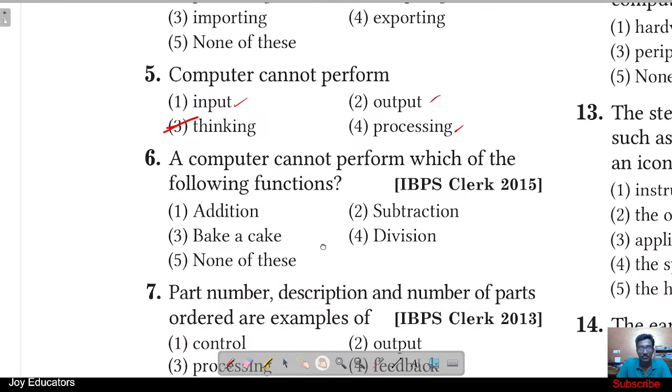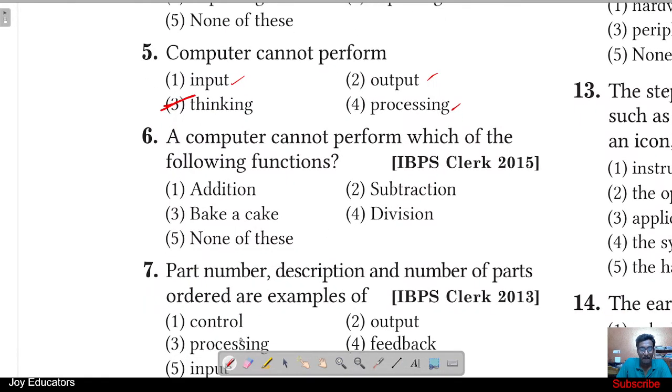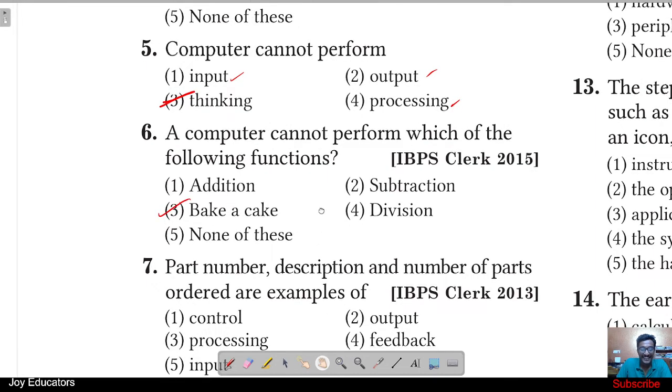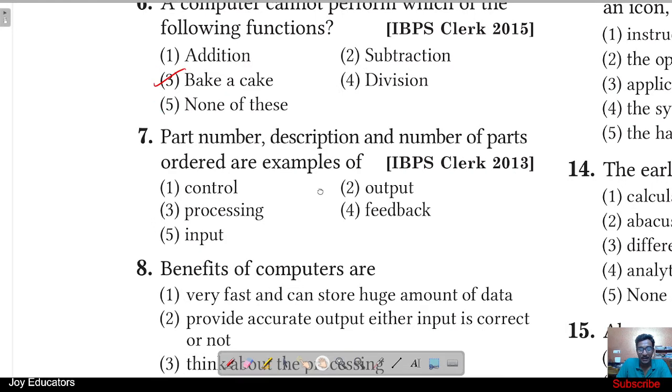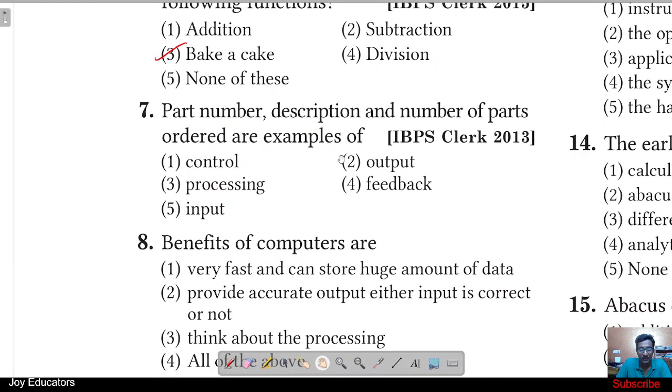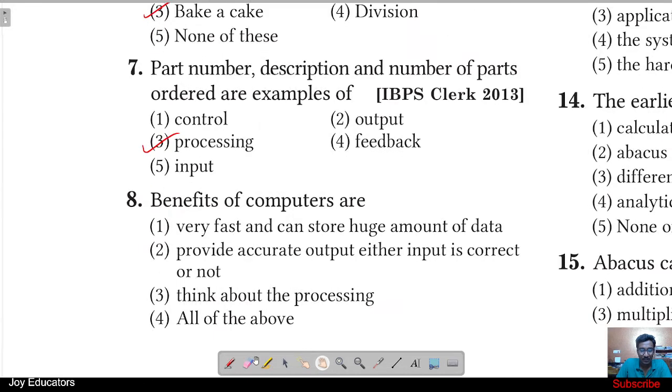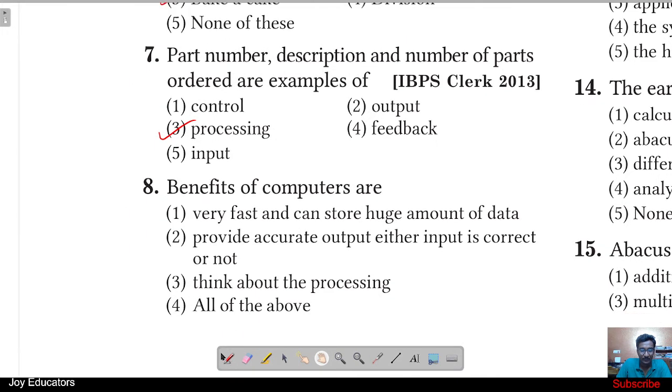A computer cannot perform which of the following functions? Basic. That's good. Bake a cake. Okay, part number, description, and number of parts ordered are examples of processing. Okay, so benefits of computer, we need not read it, it's all of the above.